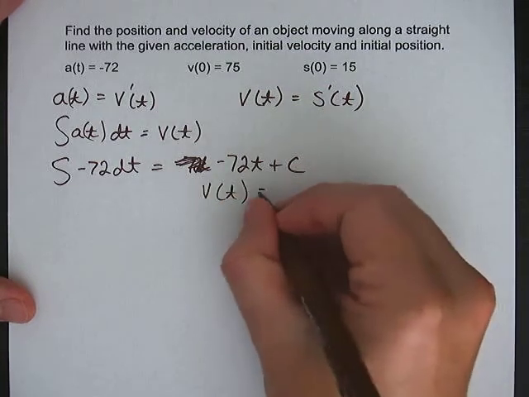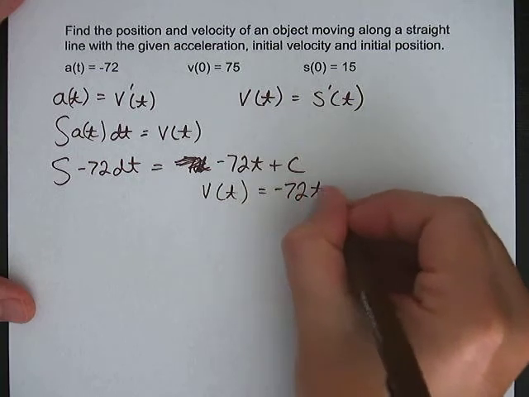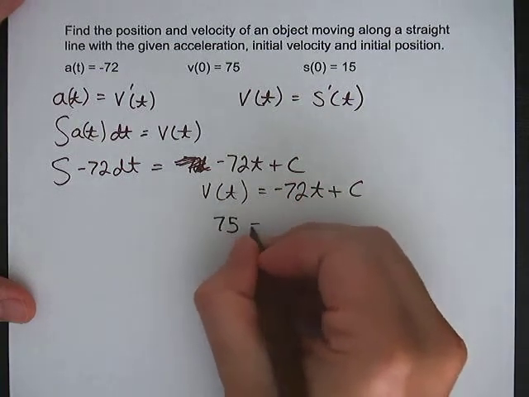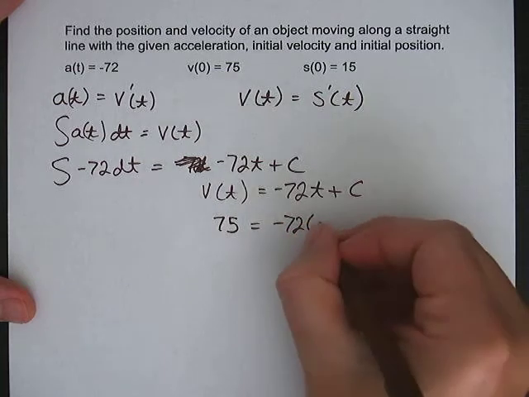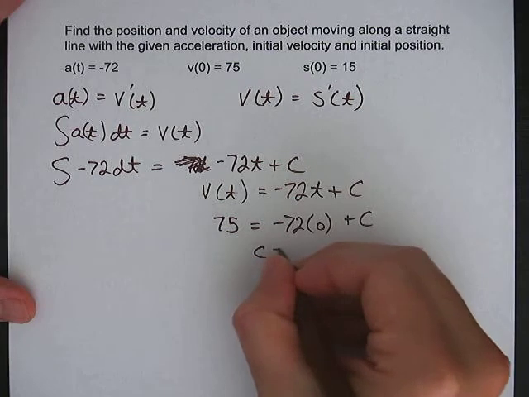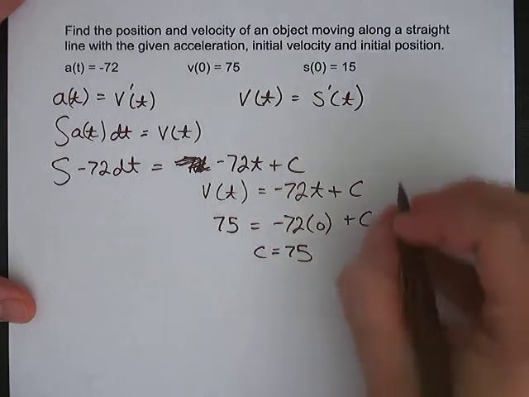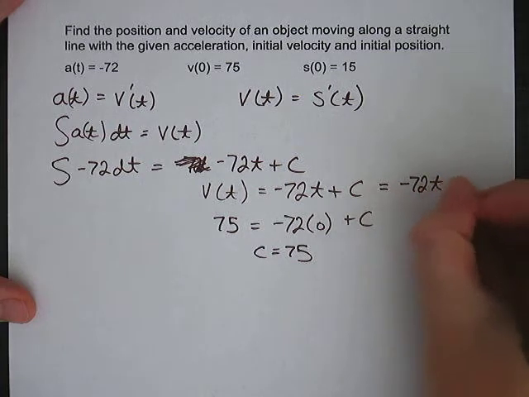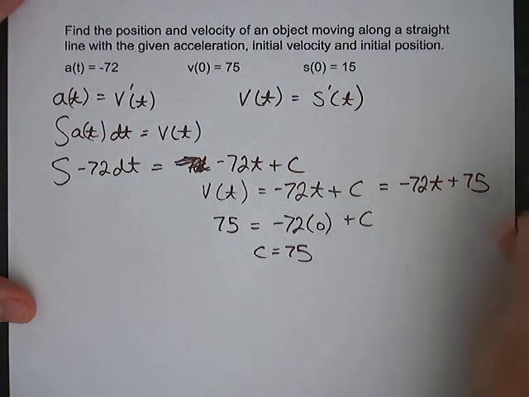Velocity is equal to negative 72t plus c. Plug in a 0, set it equal to 75. So 75 is equal to negative 72 times 0 plus c, which means c is equal to 75, which means that velocity is equal to negative 72t plus 75.